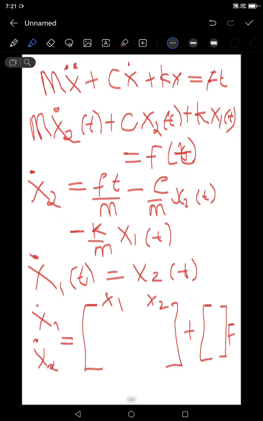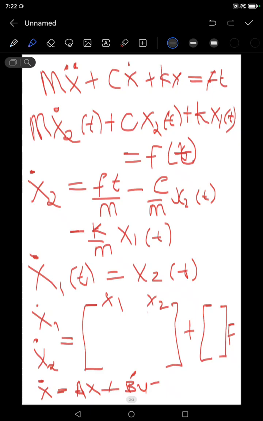So this matrix form is from the formula where we have x dot equals Ax plus Bu. This one is for the force, B is the coefficient of the force, and u is the force, and then A is for stiffness and damper. And these are the states, the displacement.